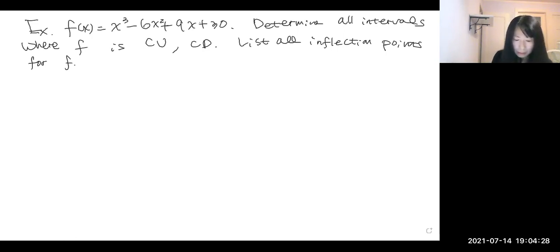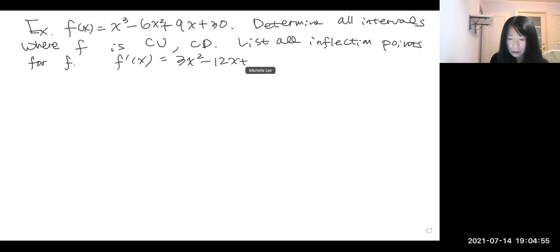So what is f prime of x? f prime of x is 3x squared minus 12x plus 9, good.